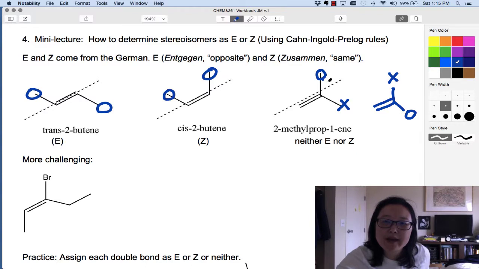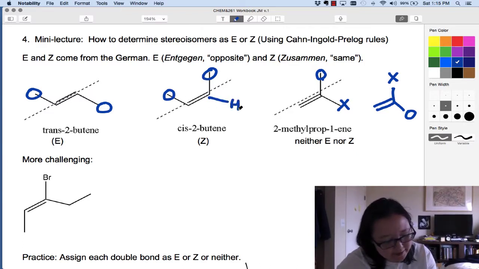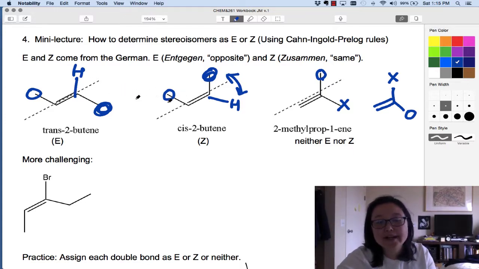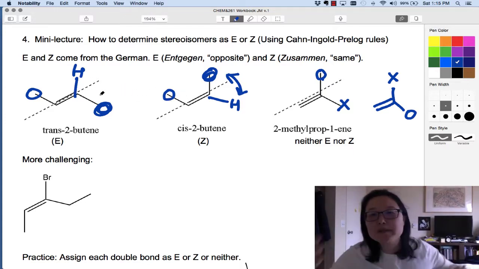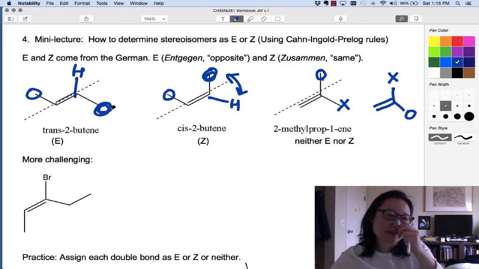So whenever you have two groups on the same carbon, they're not going to be cis or trans. I need something over here to see if it's cis or trans. Over here, this is different from this because there's a hydrogen here, and if I switch the hydrogen with the O, the O will be here and the hydrogen will be here, and you'll see they're actually different. You can't superimpose them.